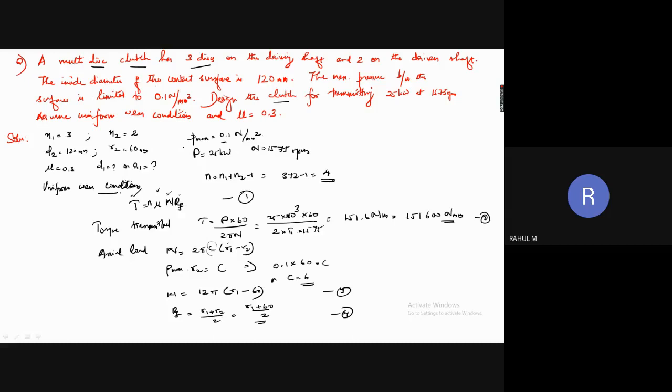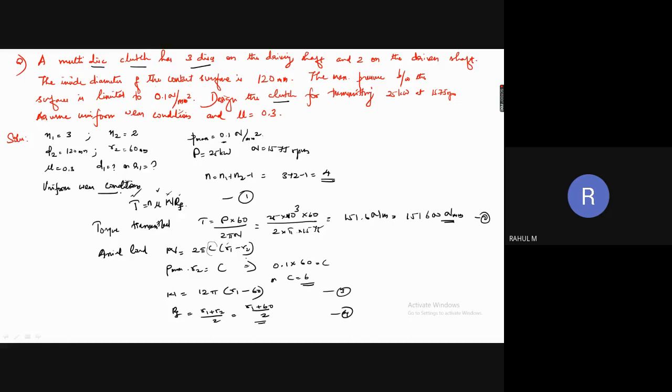If nothing is given, you can assume it to be your maximum wear condition. That's it for the day. If you want, you can practice one problem. I'll write down the problem. So this is going to be your next assignment as well.